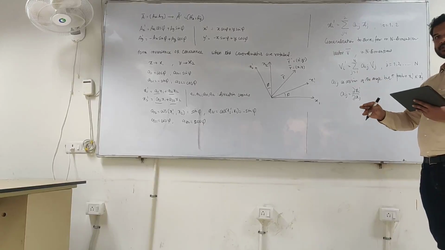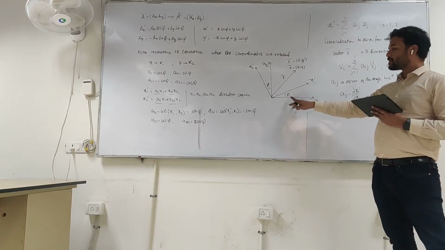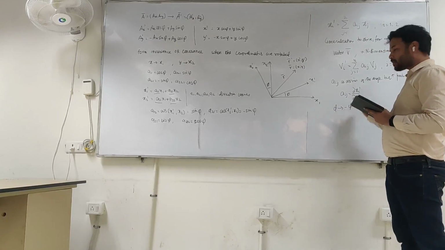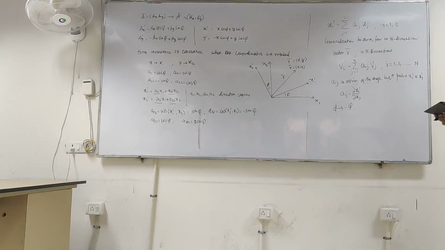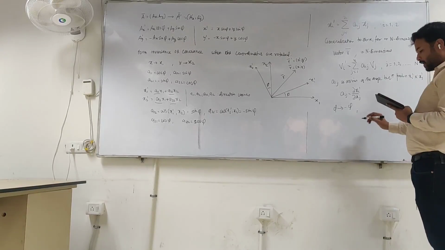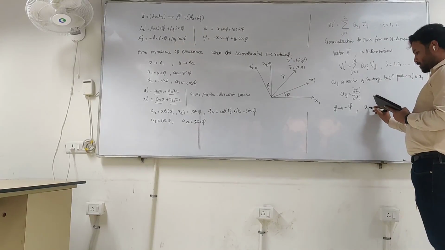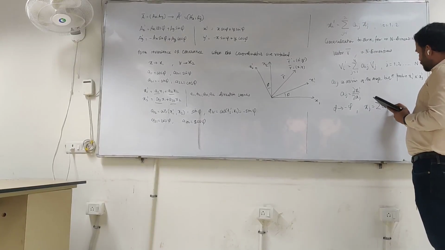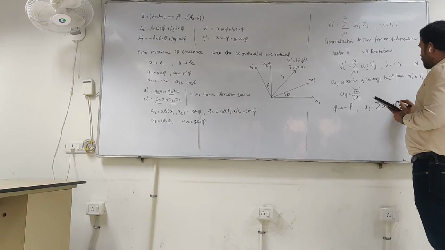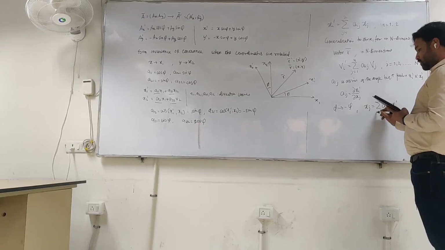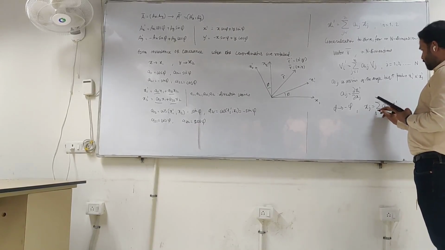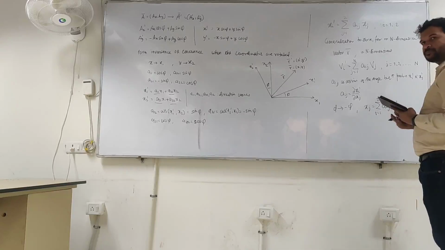The inverse transformation relationship can be obtained by simply setting phi equal to minus phi, and in that case you will yield equations of this form: xj is equal to Aij xi prime, where i is summed from 1 to 2.